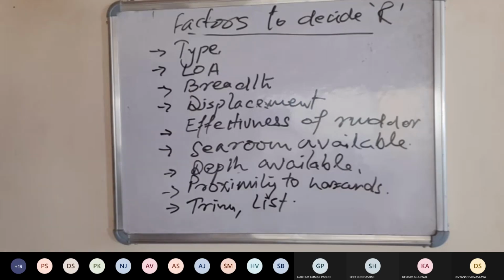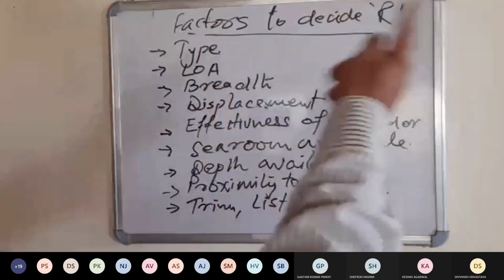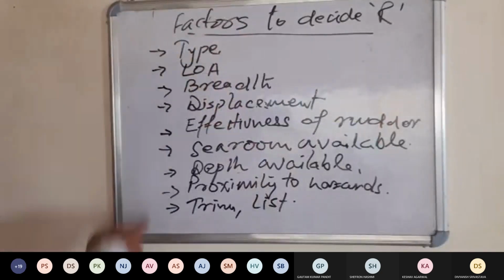हो गया? यस सर. All right. So when we are planning the turn, where we have to put the course as a straight line or as an arc of the circle, then we decide the radius considering all these factors in consultation with the master, because master has seen enough, he has a lot of experience, so he will let you know whether your choice of the radius is good or there has to be certain kind of change.